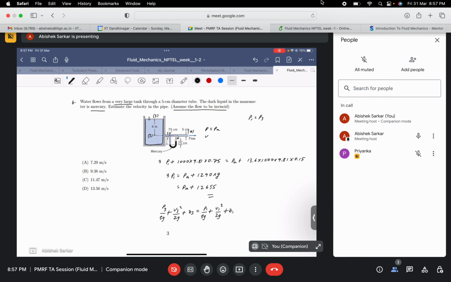But since there is suction here, and the velocity at this point and this point is different, the flow is not stagnant, and that's why you cannot accurately assume that the pressure at point 3 and point 1 would be equal. This is not a correct approximation.